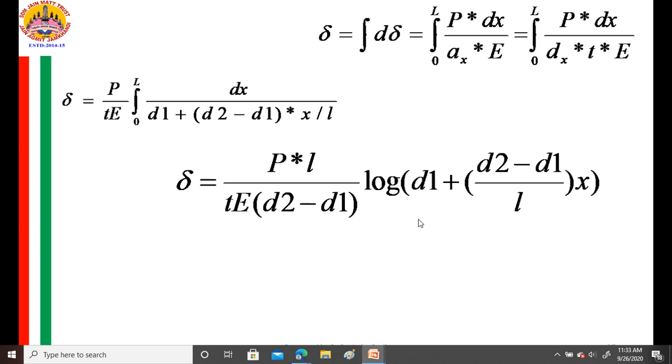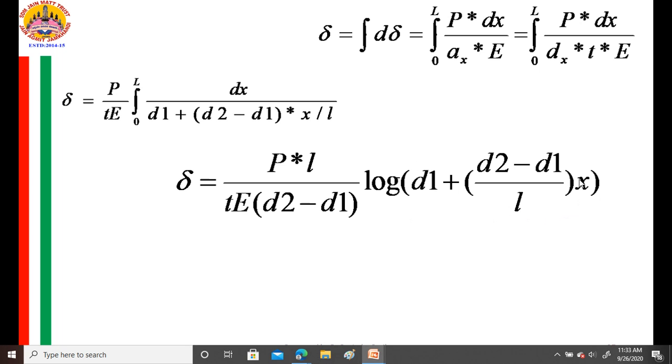What else are you doing in integration? It is not a direct function of x. That is why we are differentiating it with respect to x and dividing by it. So whatever dx is there, that is to be differentiated with respect to x.